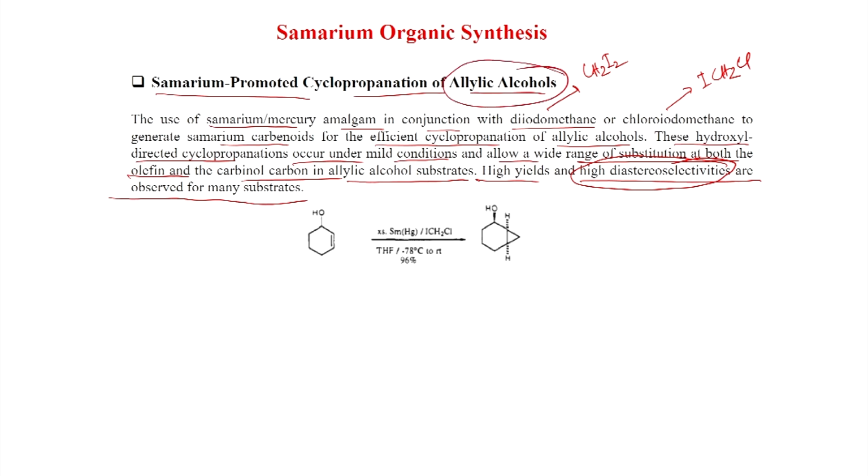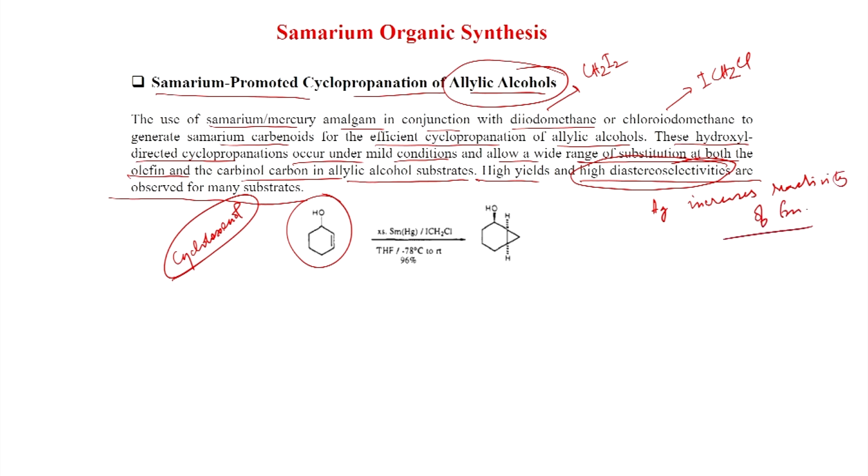So, this is an example. Here you can see a secondary alcohol is there. This is cyclohexenol. This is an allylic alcohol, and with samarium mercury. So this mercury, what is that? Mercury increases the reactivity of samarium. So, if you do not put mercury, then the reactivity is less.